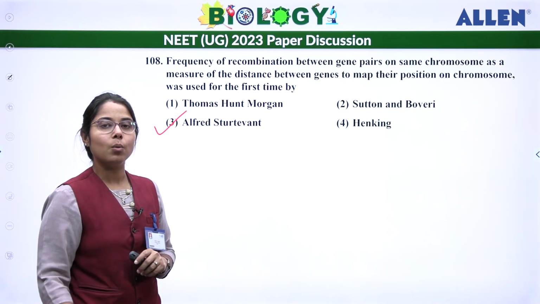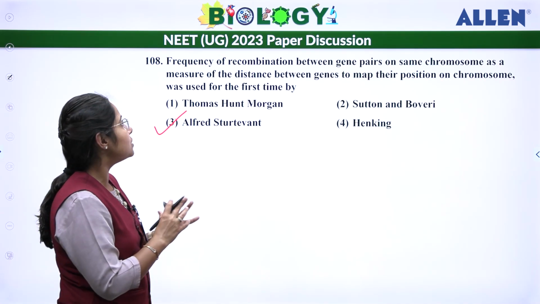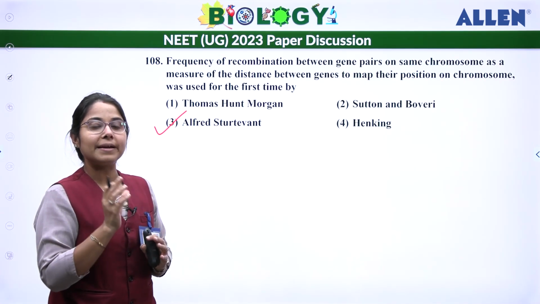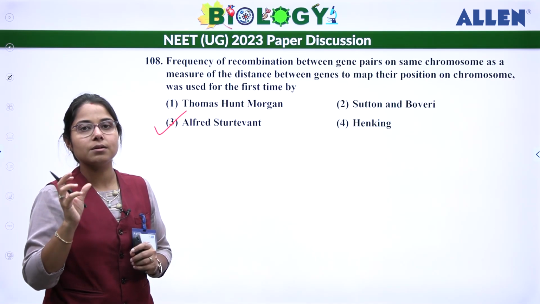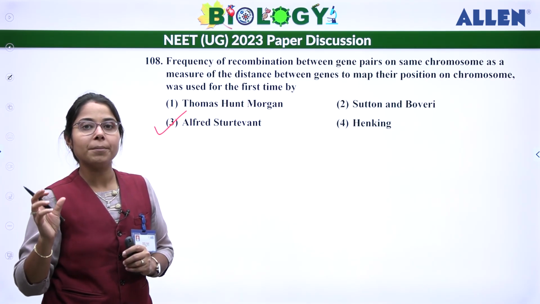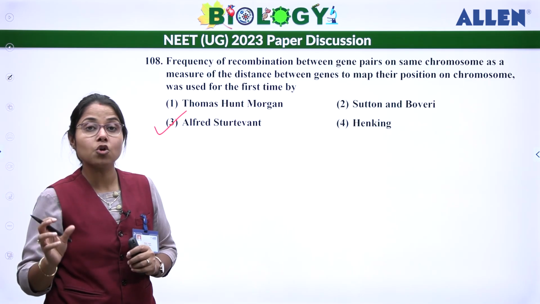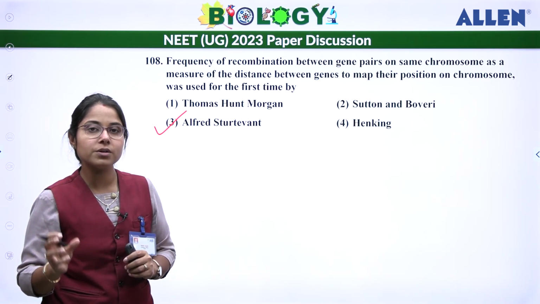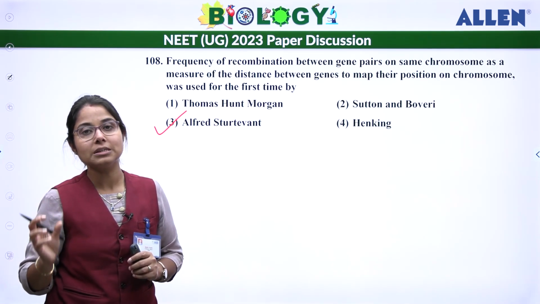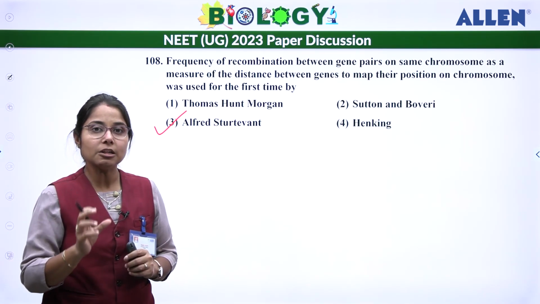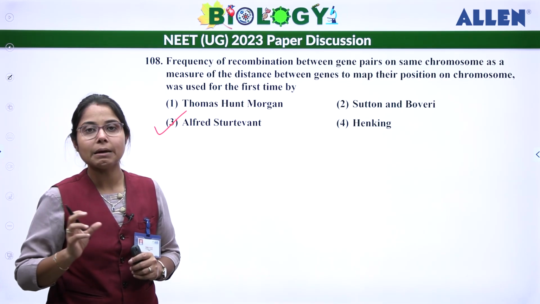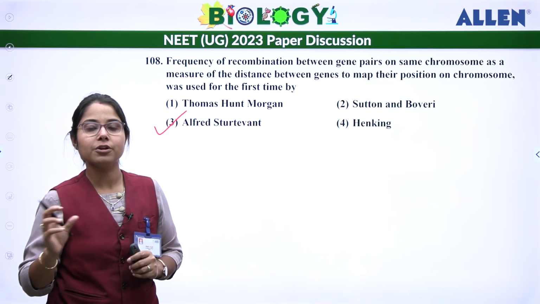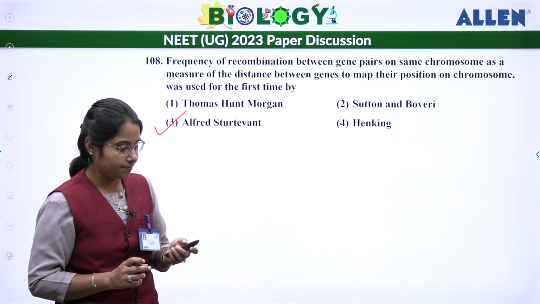He was the one who basically used it for the first time. He used the distance between the genes as equivalent to the recombination frequency between the genes, the crossing over between the genes. So the frequency of the crossovers is directly proportional to the distance between the genes. And this phenomenon was used to make the genetic map and to place the different genes on the chromosomes.